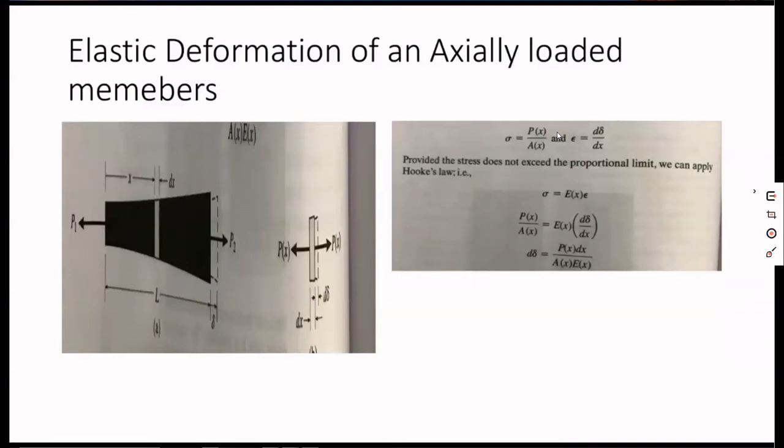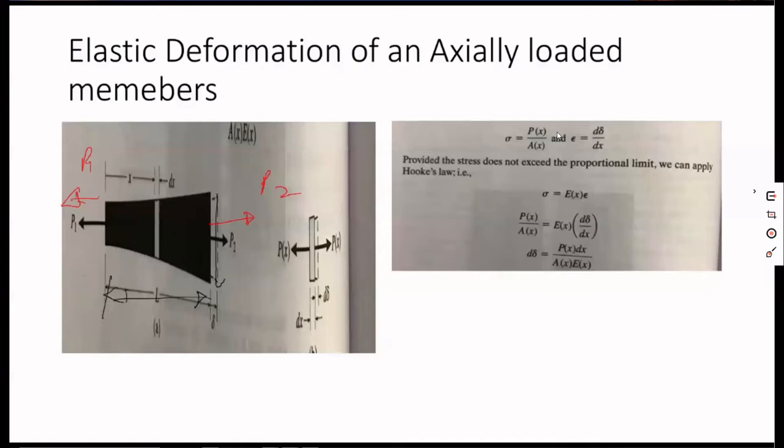So basically I have shown here one rod that is varying in its depth, like this, and this is the length L. And this is the load applied, P1 here and P2 here. Now this is my axial load.